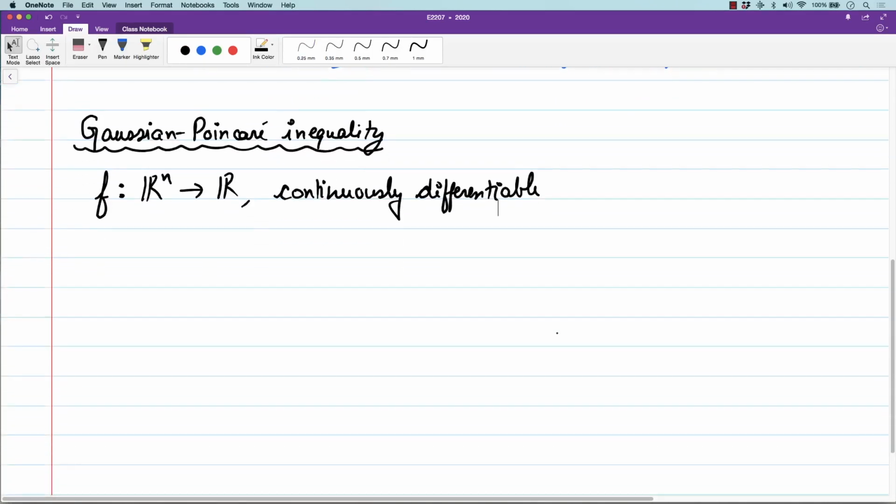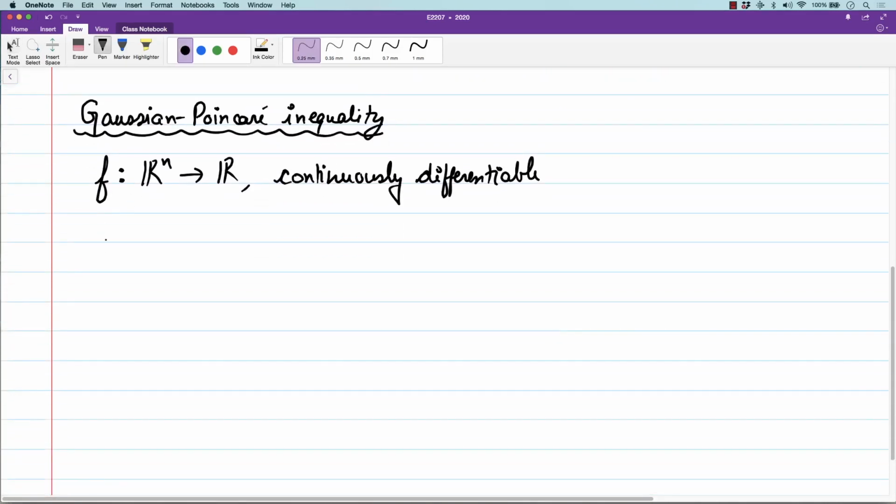We also assume that its second derivative is bounded, so let me concretely put down what we require to be bounded.